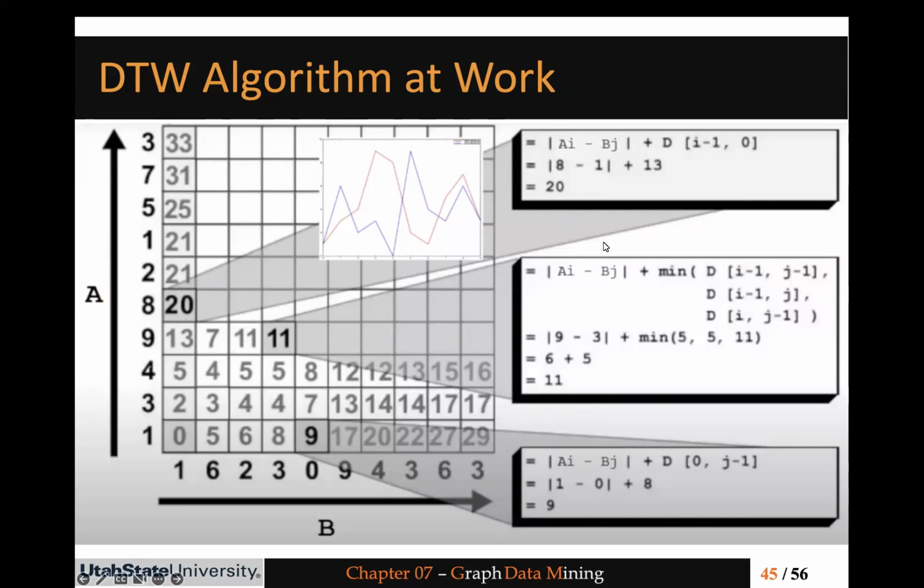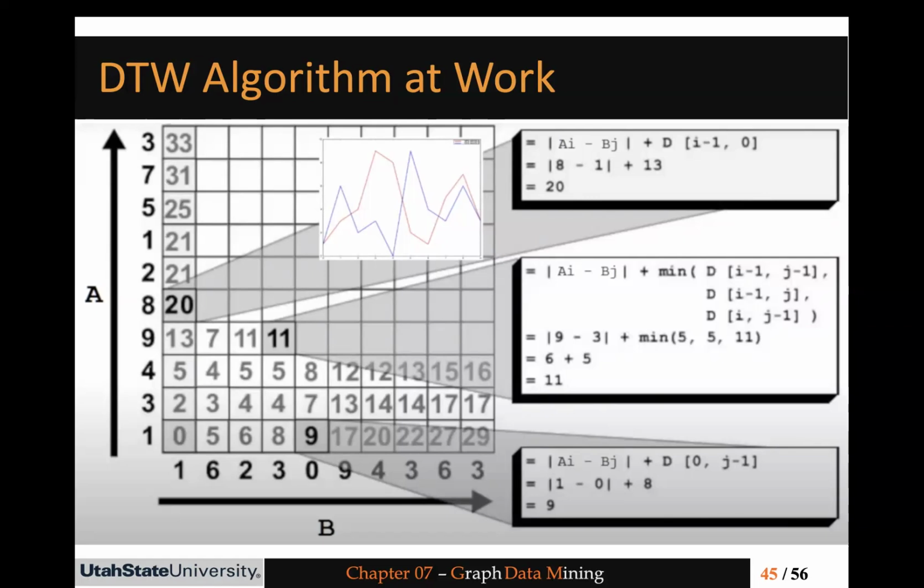As I mentioned, to populate it we just need to follow the pseudocode from the previous slides. In this scenario, we are not in any edge case, meaning that our two time series lengths are greater than 0.